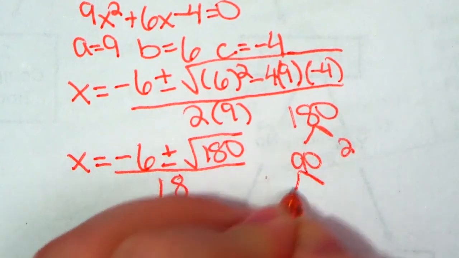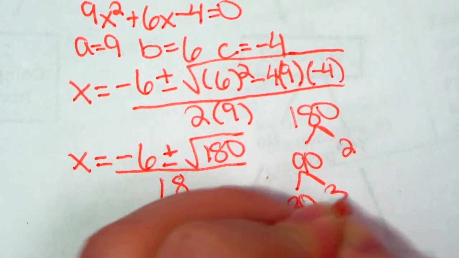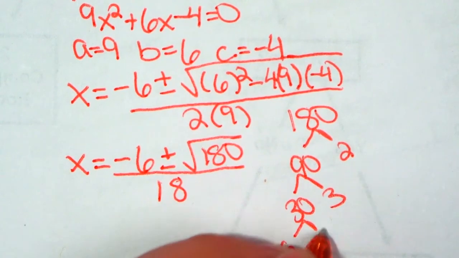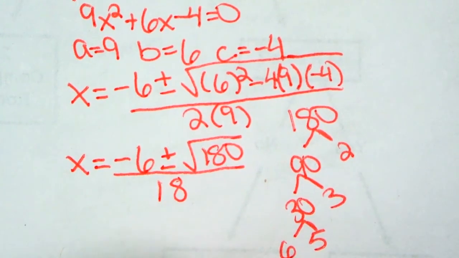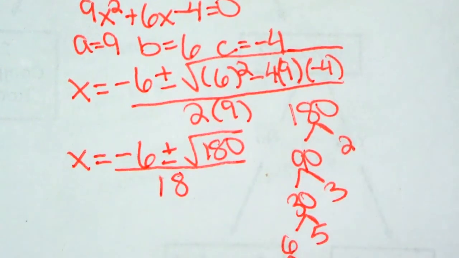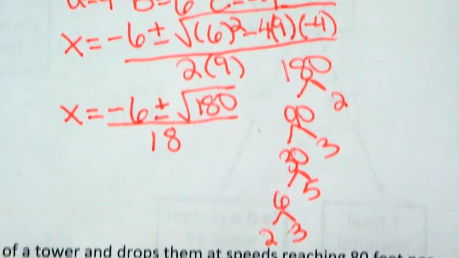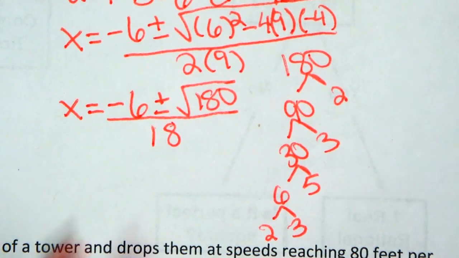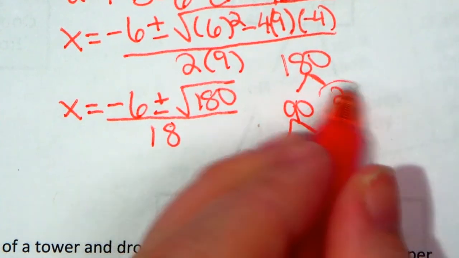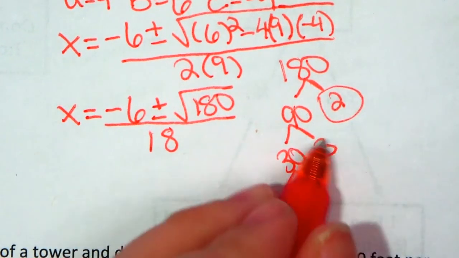90 and 2, 30 and 3, 6 and 5, 2 and 3. We're looking for pairs, a pair of 2s, a pair of 3s.